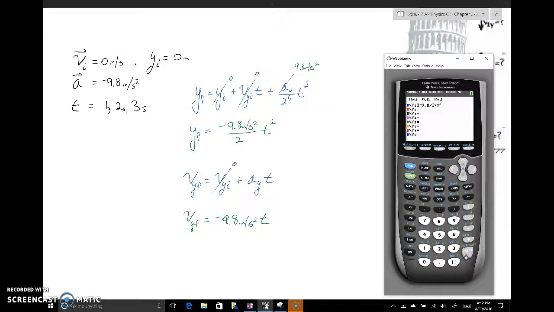There is going to be our position function. And then we'll have our velocity function here. There we go. So we'll quit back to the home screen and we'll put in vars, y vars function y1, and we're going to put in 1, 2, and 3. Okay, that's going to be our answers there.